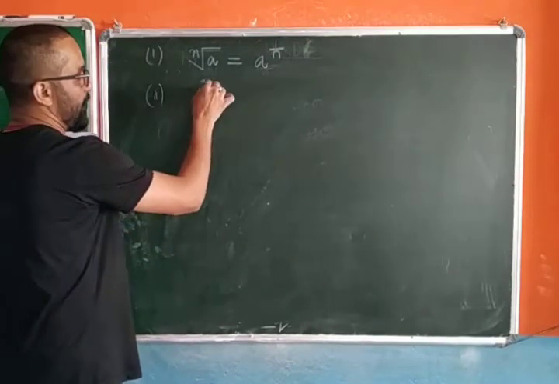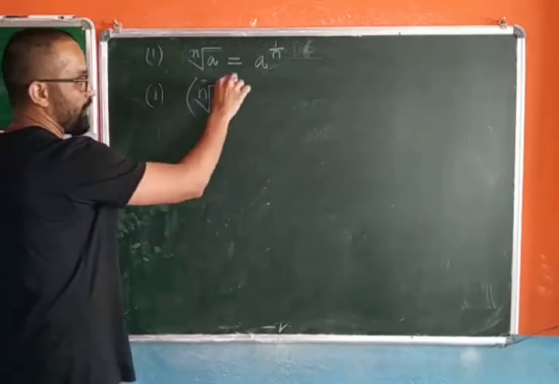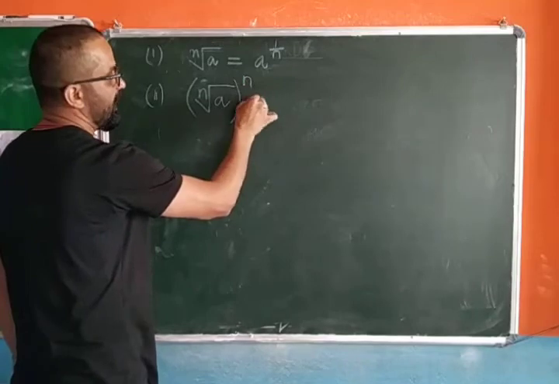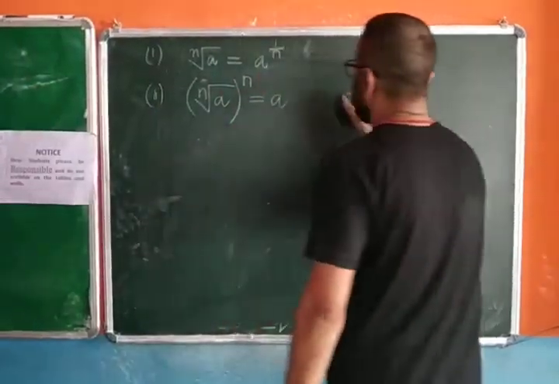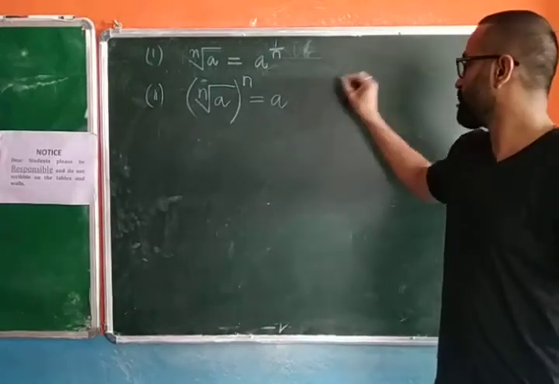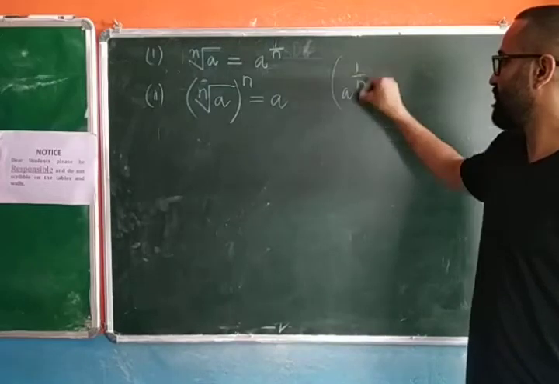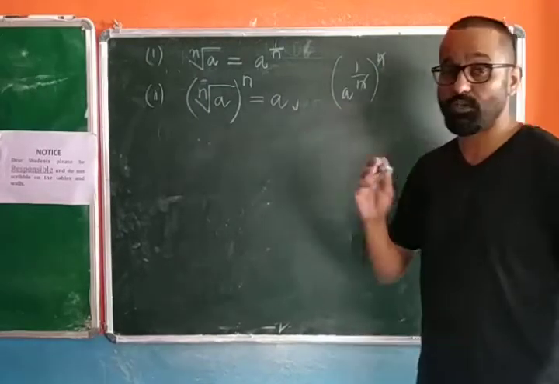Second, the nth root of a to the power of n can be written as a. It means that it is a to the power of 1 by n, to the power of n. So power multiplies, we get only a.